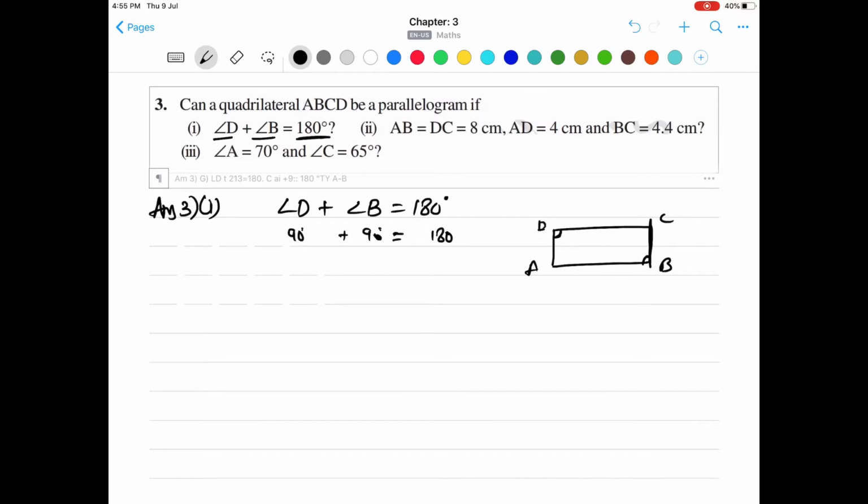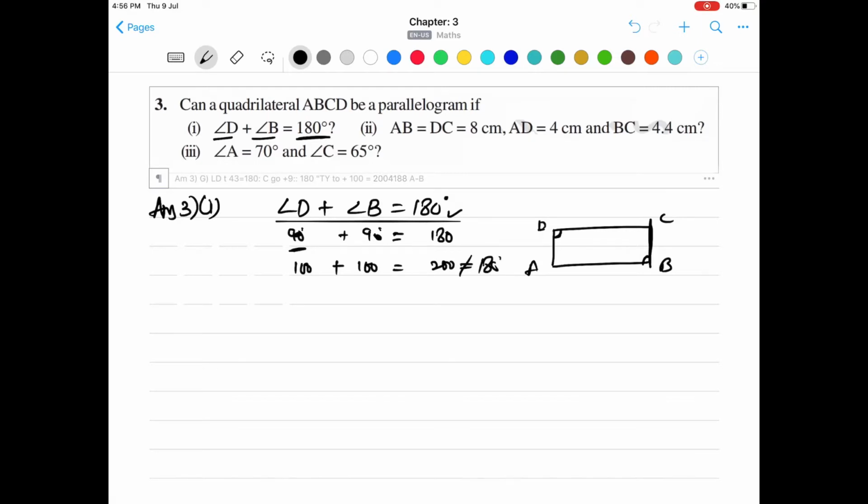But if the measure of this angle is more than 90 degrees or less than 90 degrees, then it will not satisfy the condition, because these two are opposite angles. If one of the angles is, let's say, 100 degrees, then according to the parallelogram property its opposite angle will also be 100 degrees. Then it will not satisfy this condition, because their sum will be 200, which is not equal to 180 degrees.